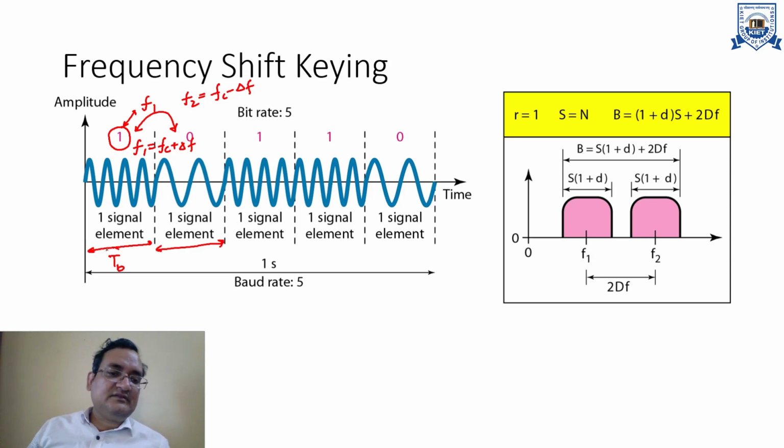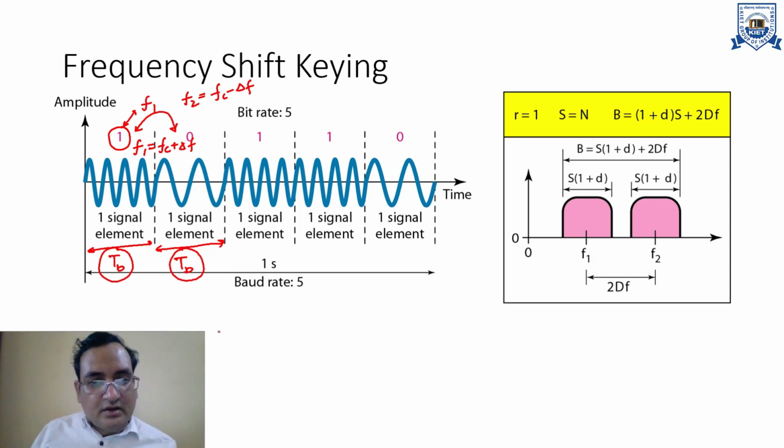So this is TB, the bit duration for 1, and again I am using 1 bit to transmit the digital data.